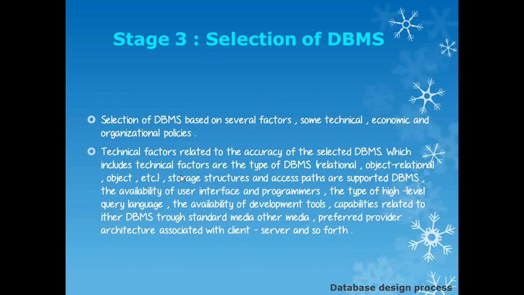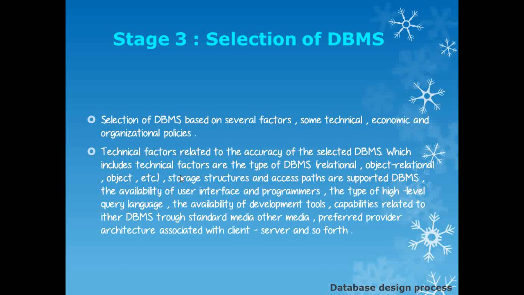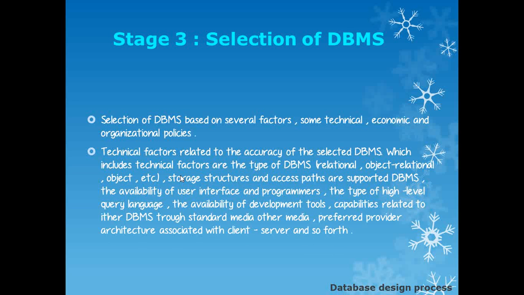Technical factors include the type of DBMS, relational, object, etc., the storage structures and access paths supported by the DBMS, the availability of user interfaces and programmer interfaces, the type of high-level query language, the availability of development tools, the ability to connect to other DBMSs through standard interfaces, other considerations, preferred vendor, and architecture associated with client, server, and so forth.